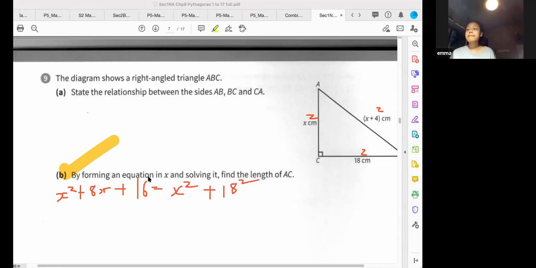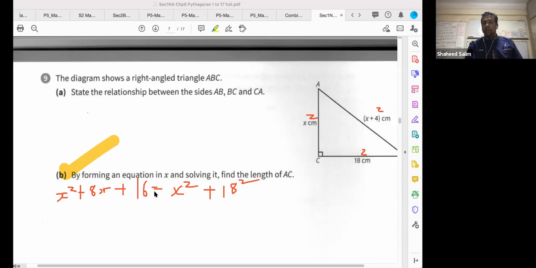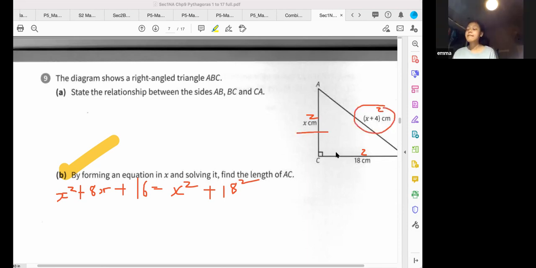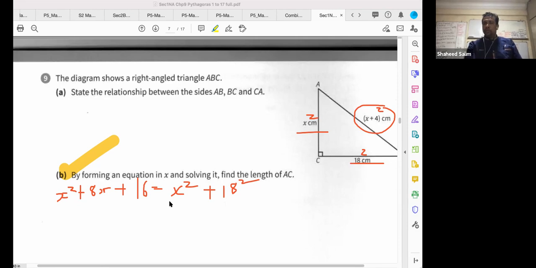Oh, you went to minus this, is it? No. This is what it is. This square is equal to this square plus this square. Are you confused? So I bring this over, it becomes minus x square. x square minus x square, 0.